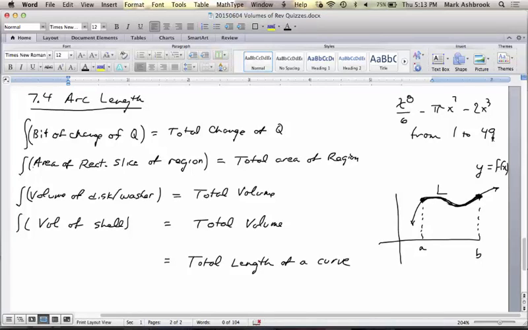You're not going to have a formula in the geometry book. This is just a random curve. So we're going to have to add up pieces of something. We're going to sum up.